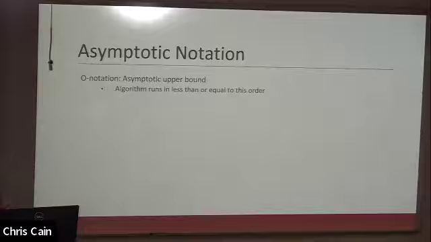Insertion sort is a worst case quadratic asymptotic algorithm. But if it's already in sorted order, it runs in n. We would still call this big O of n squared because in the worst case, it's going to take us a quadratic amount of time. But there are inputs for which this takes less time.